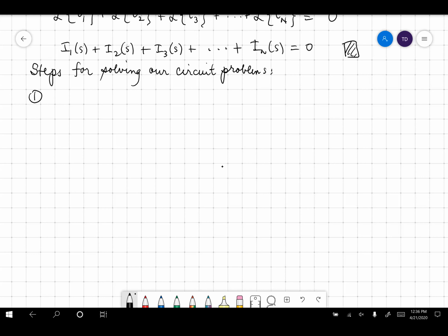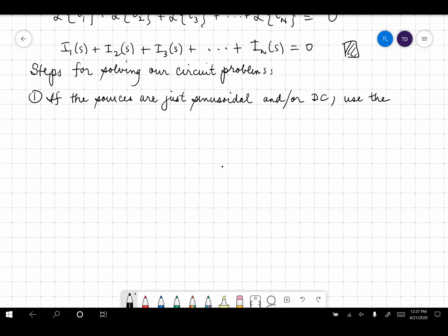Number one, if the sources are just sinusoidal and or DC, use the circuit analysis techniques that we already know.